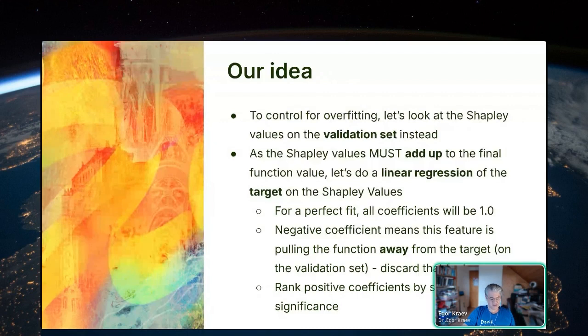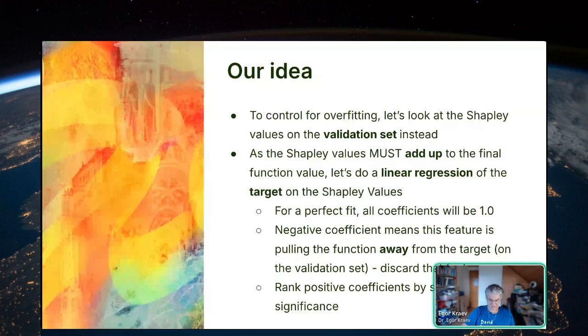For example, if our function on the validation set is a perfect description of the target, then all the coefficients will be 1.0, because model value equals target value, and model value equals the sum of the Shapley values. However, generally, of course, that won't be the case, and the coefficients will be very different from one in some cases. And then we just look: a negative coefficient means this feature is actually pulling the function away from the target.